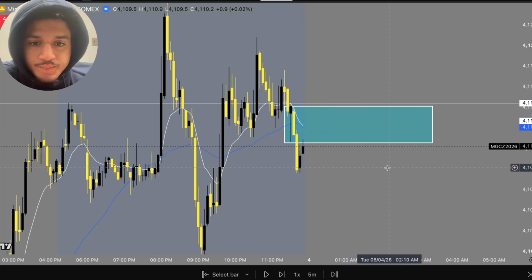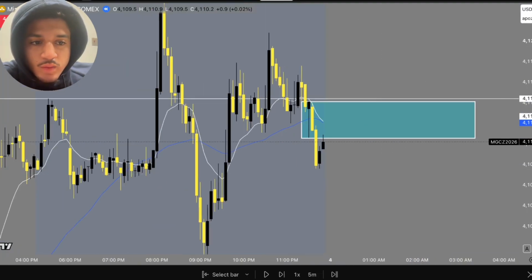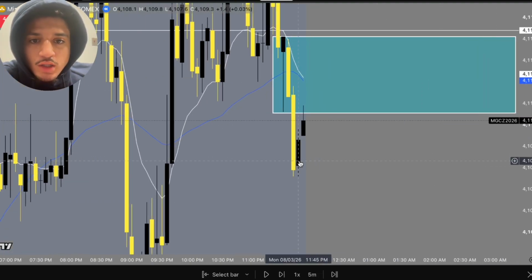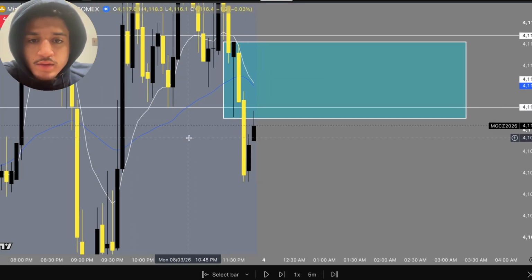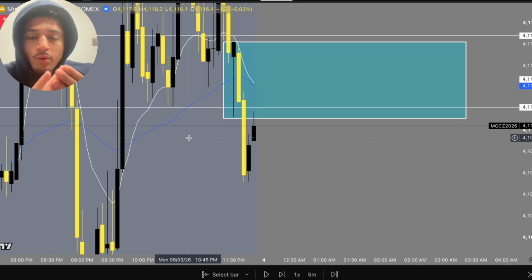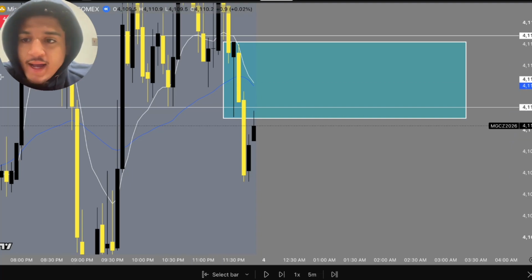So here, this is perfect. We get our gap. We draw our zone. We break these lows. So step 1, gap. Step 2, break of structure. Step 3, pull back into my zone and wick out. We have all of that at the moment.